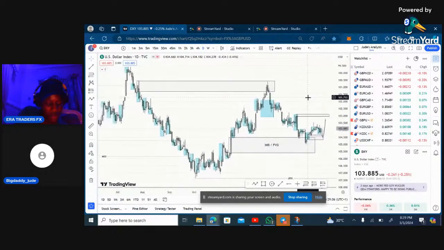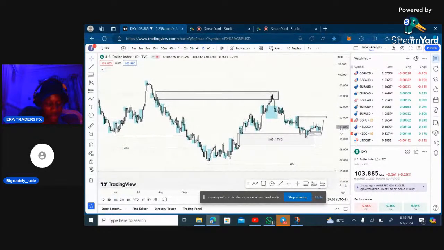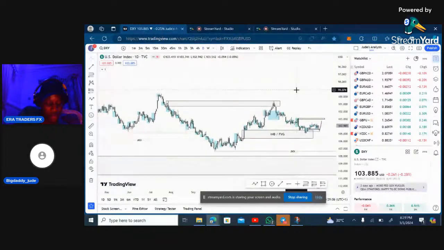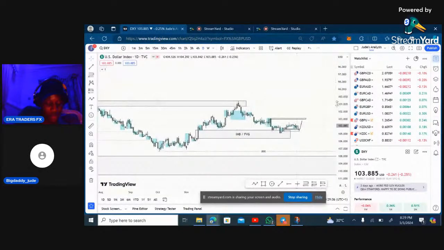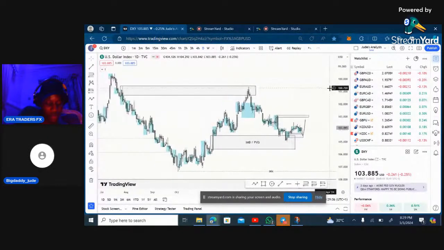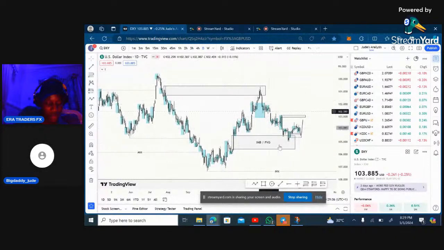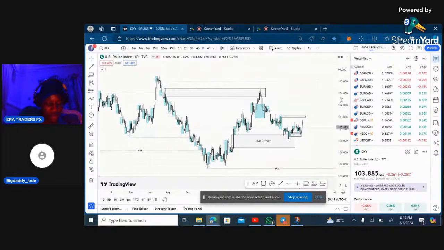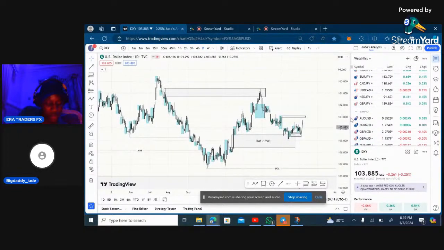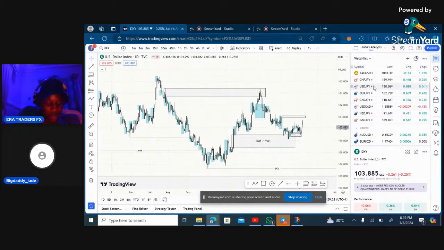So I have something like this. If I invert this scale, I have something like this. This will be a similar reaction or similar movement now because this is an inverted scale. So this should be a similar movement to GU and EU, then an inverse movement to USD CAD, USD JPY, and other USD pairs.